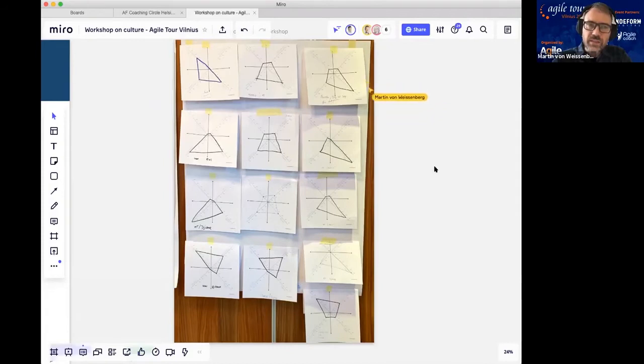Some of them are in different places, but they are all mostly below the line, which means the company is focused on control. They are either hierarchical or market oriented, depending.